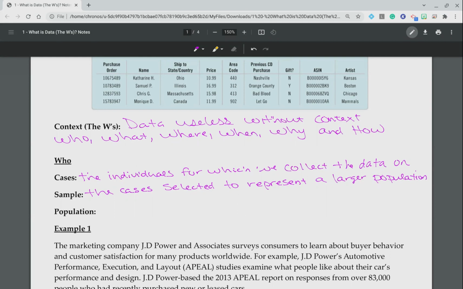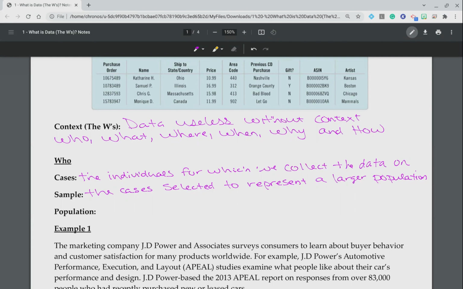So for example, if you give a survey to 50 students at Cary Grove High School about whether or not they like the cafeteria food, that is a sample of the population. You did not ask every single student at Cary Grove High School how they feel about the lunch in the cafeteria. You selected a smaller portion of the students, which was 50.